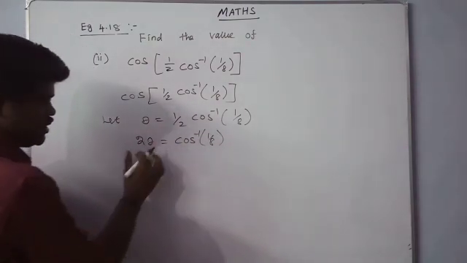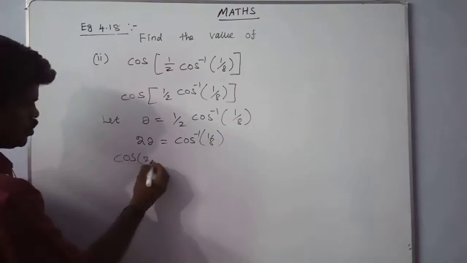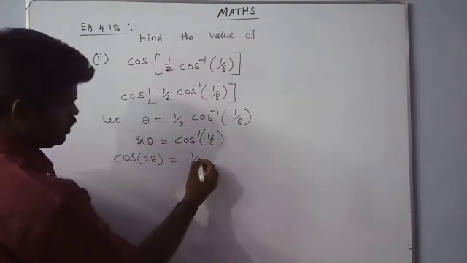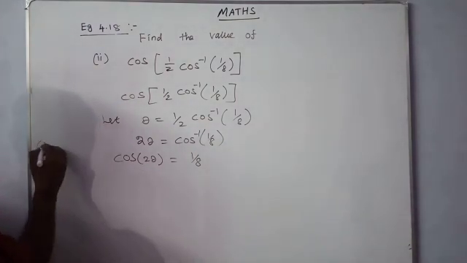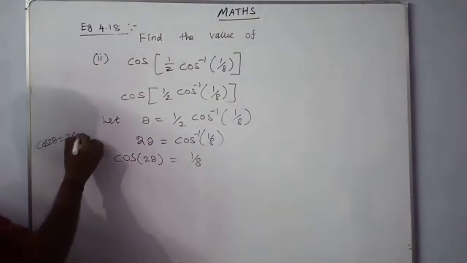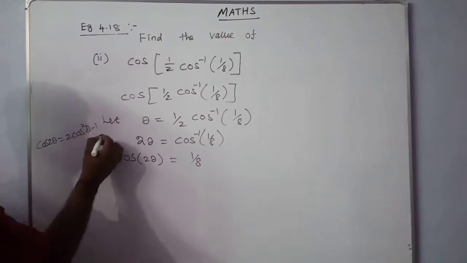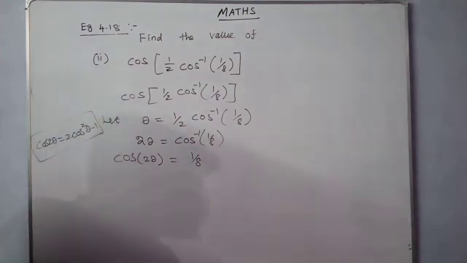and take cos inverse to this side, cos 2 theta is equal to 1 by 8, and we know the formula in 11th standard, cos 2 theta equal to 2 cos squared theta minus 1. This is the trigonometric formula.